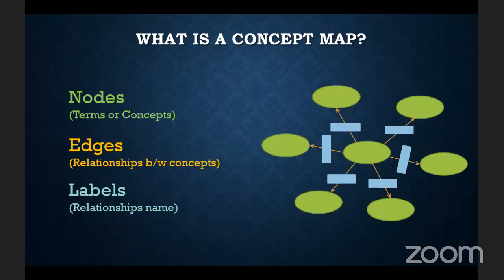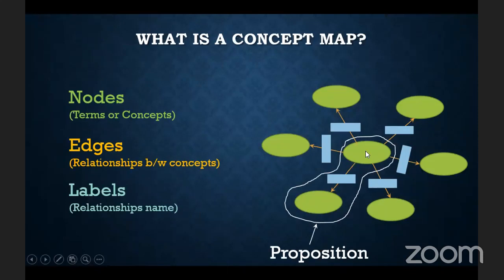Now I'm giving an example. Suppose I eat rice. Here I is a concept, and rice is another concept. If I put I here and rice here, this I and rice are connected by an edge. And what I say is, I eat rice, so the word eat acts as the label or linking phrase. This way it forms what we call a proposition.